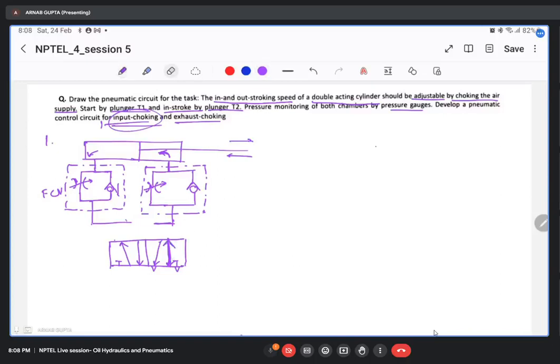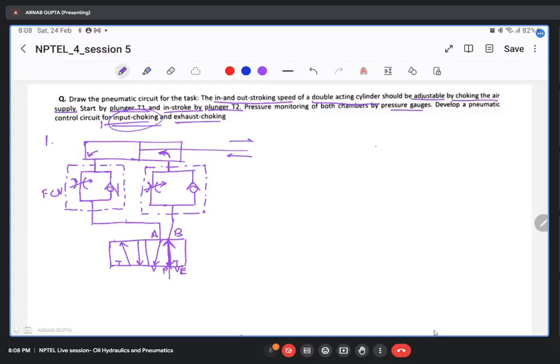Okay, mistakenly. This is your P, this is your E, this is your A and B ports, and this should be connected to the power supply.